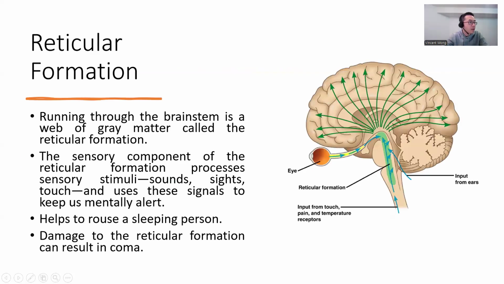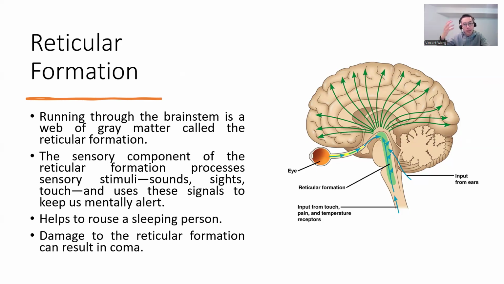Now, there's this thing called a reticular formation. The reticular formation is another web of gray matter, and it's kind of running along the midbrain. And what that does is it basically receives various sensory stimuli and projects them throughout the brain so that it keeps us awake, right? And when we are sleeping, the reticular formation is kind of quietly functioning in the background.